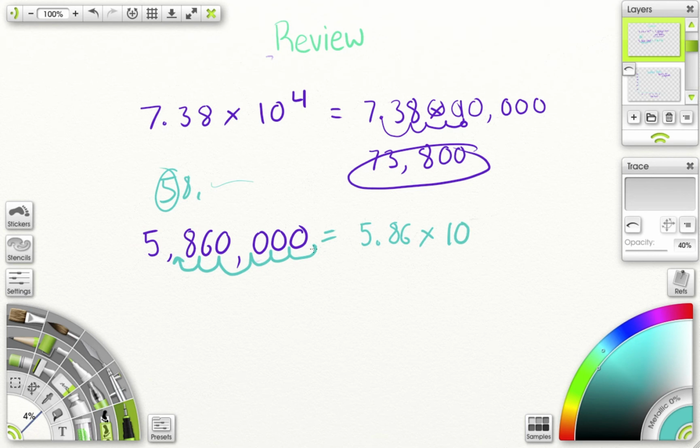The easiest way is we moved that decimal place over 6 spaces, which means it's going to be 10 to the power of 6. Because if I expanded this times 1 million, it would be 5,860,000. All right, so that is our review.